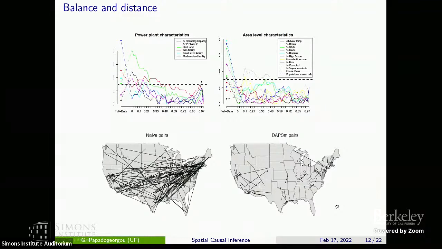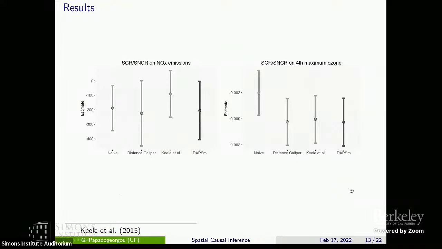Now, we use DAPS, we use naive propensity score matching, naive meaning that it doesn't incorporate space, and we use a couple of other approaches to estimate the effects of interest. And we saw that essentially all of the methods indicate that SCRs and CR systems reduce NOx emissions.